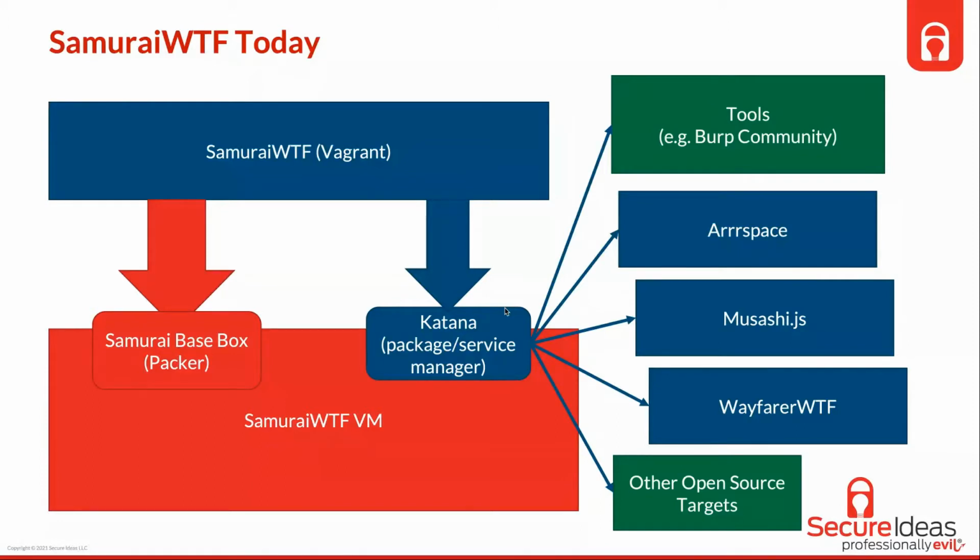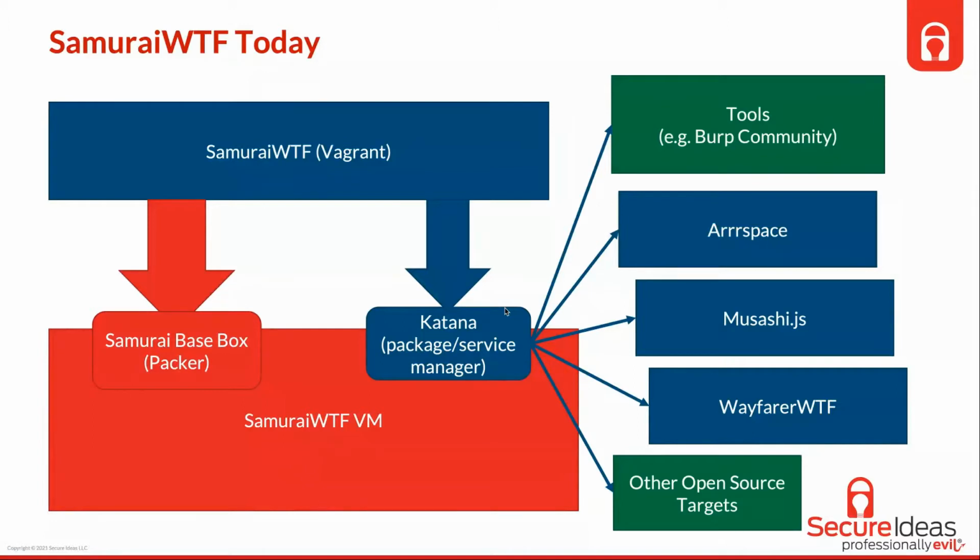So just kind of going by the way I've color coded this, the blue things are all code repositories that live under the Samurai organization. The red things, those are build artifacts, and the green things belong to other parties, basically.